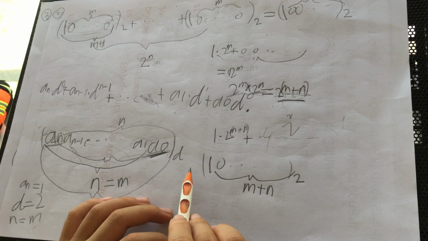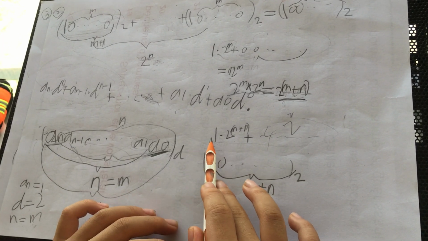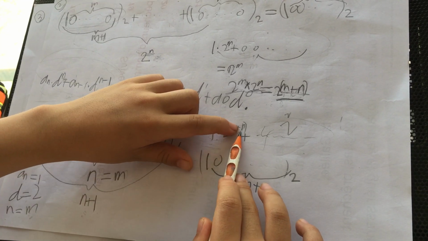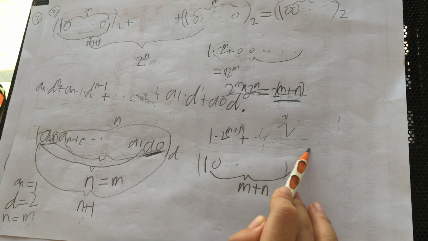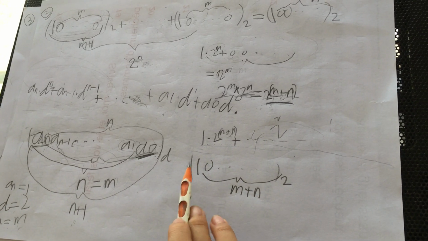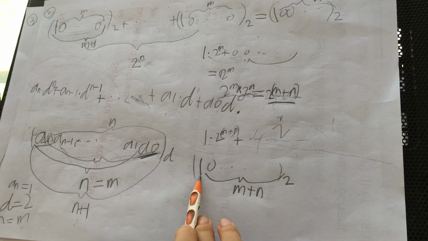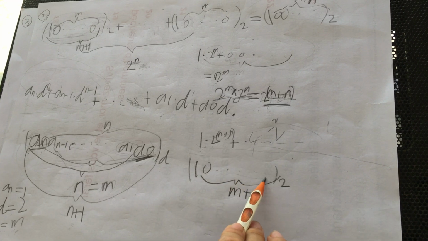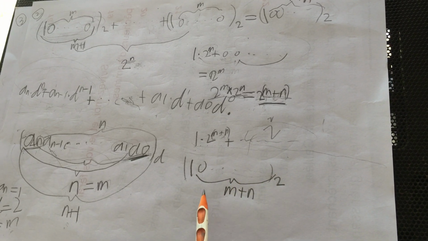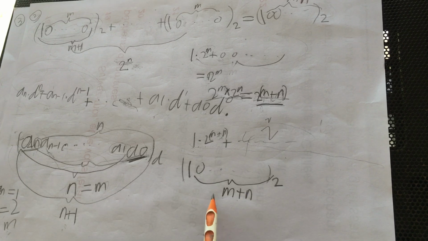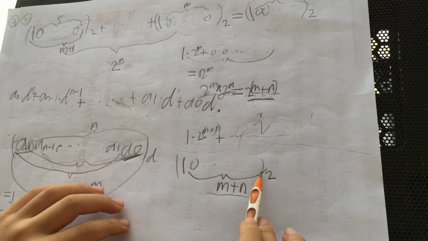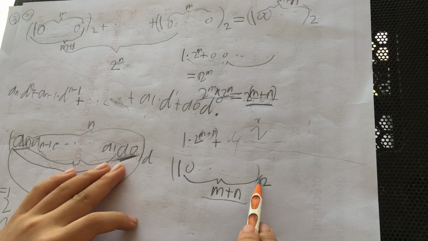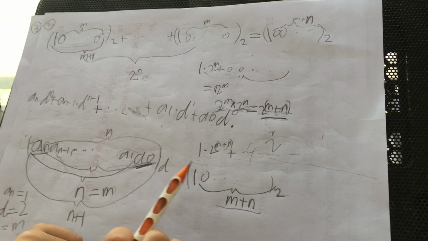So if the expanded form is 1 times 2 to the m plus n's power, this is n, not r, plus 0, and so on, then the coefficients in order is called the notation. We have 1, 0, and so on. How many zeros? m plus n zeros. And don't forget the subscript, or else someone will mistake it for another number. The subscript is 2 because this is in base 2.